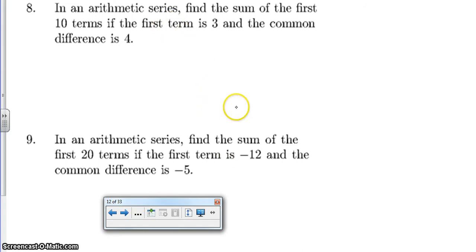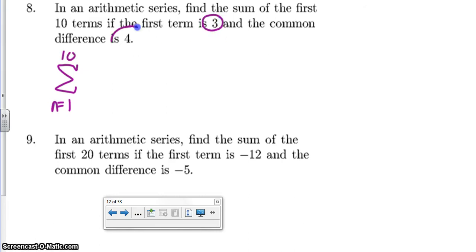Okay, this one's a little bit different. The first term is 3 and the common difference is 4, and we need the first 10. Okay, I do need a little bit of help here. The first term is 3. The common difference is 4. Oh, well, let me think.